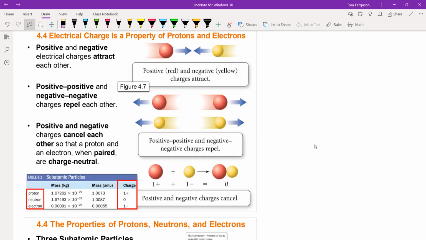Probably already know this, but positives and negatives attract. Like charges repel. And so again, repeating what I mentioned before about the protons being inside the nucleus, the positive charges being so close takes a lot of force to keep them together without flying apart.